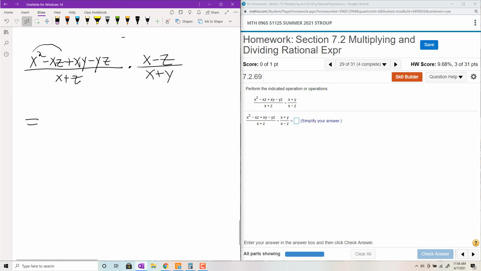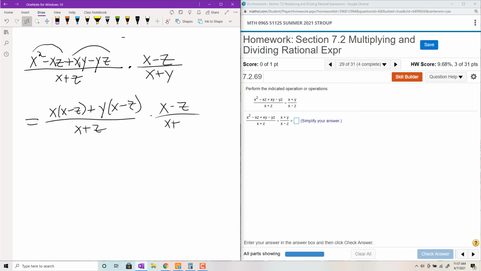So grouping, so factor an x, so I get x minus z. With the second two terms, I can factor a y. And that's all over x plus z. Factor out the common factor of x minus z from both of those.